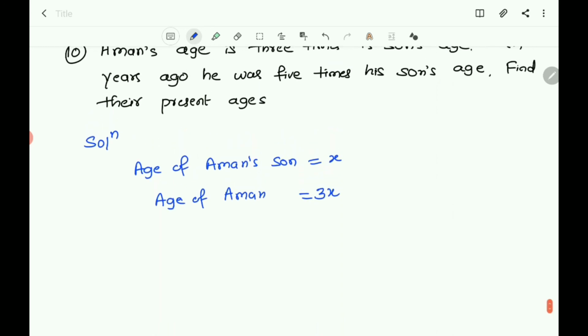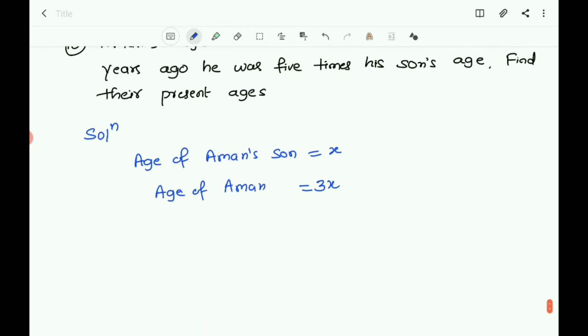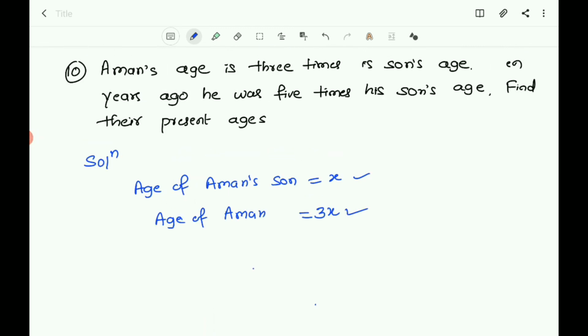Then also 10 years ago, the age of Aman's son becomes x minus 10, and the age of Aman becomes 3x minus 10.